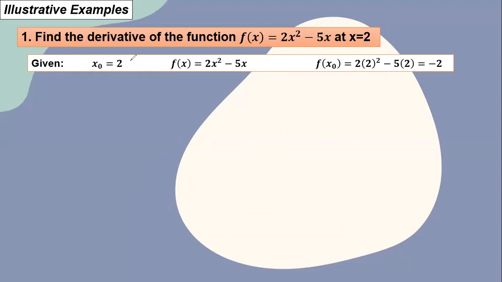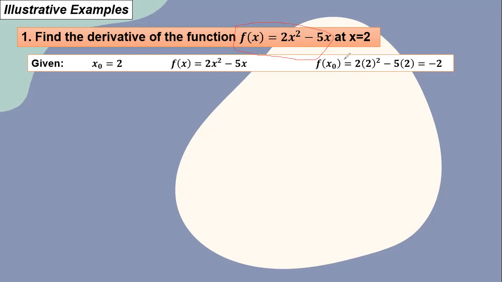So we have the x sub 0, that is the given. X is equal to 2. And then f of x, that is given natin na function, and that is equal to 2x squared minus 5x.